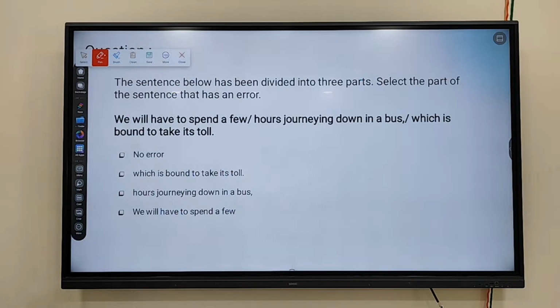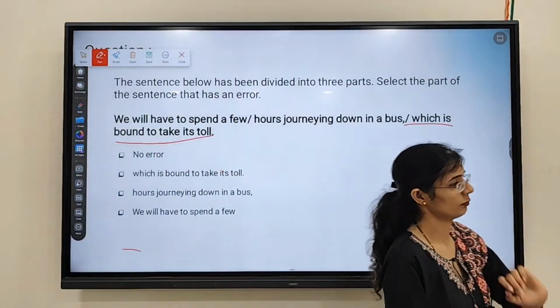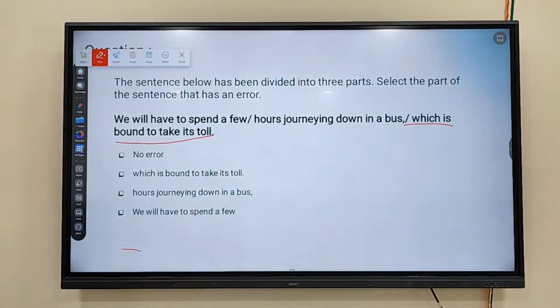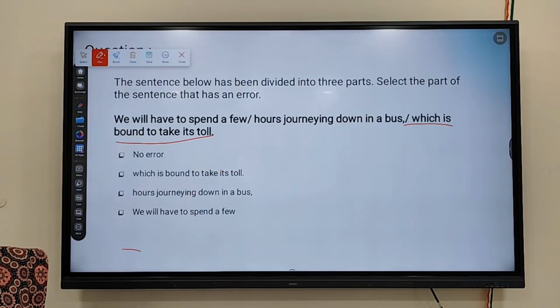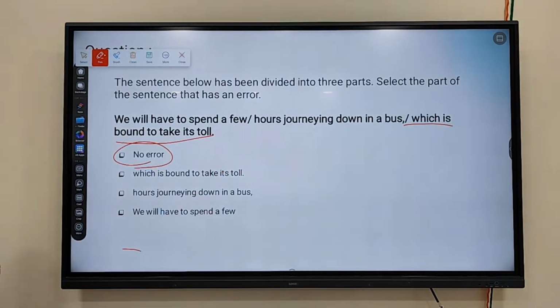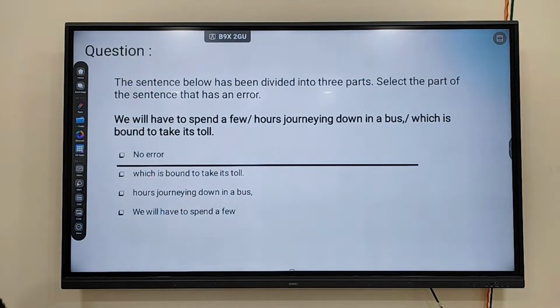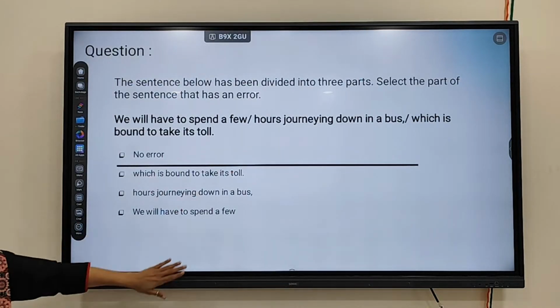What is the error? See, very important. If we think there is no error, don't push yourself. There might be an error, there might not be any error. We're not able to get any error, right? So do we think it's a no error? It's a no error. There was no error in this sentence.